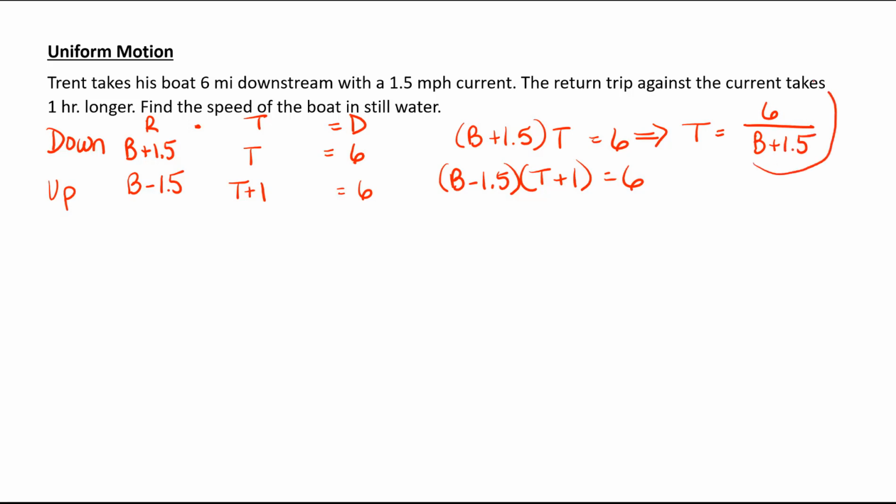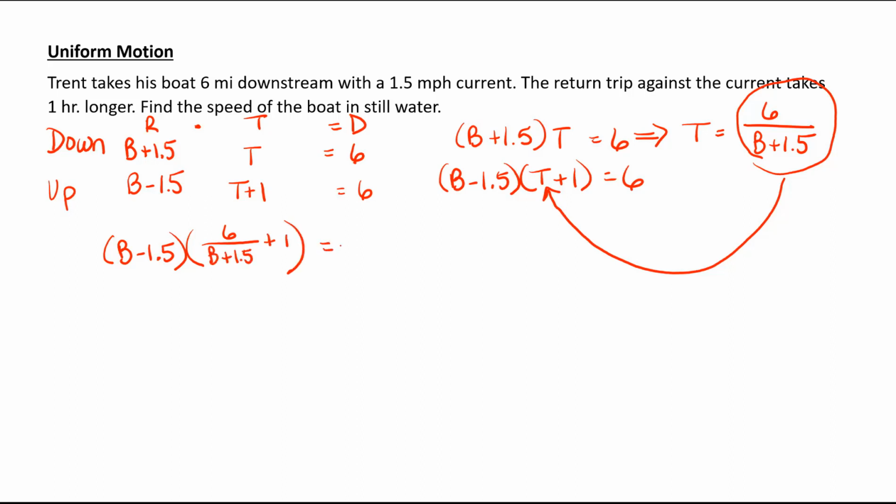Then plug that into the second equation for t. So we've got b minus 1.5 times 6 over b plus 1.5 plus 1 equals 6.